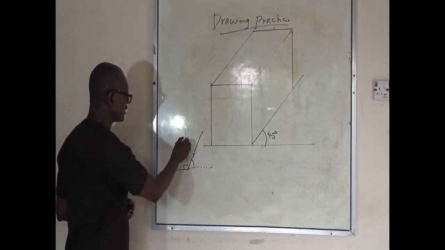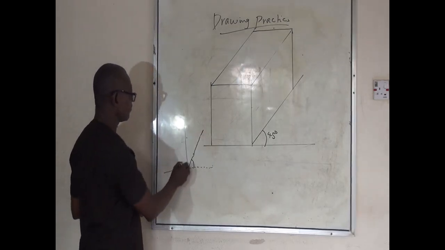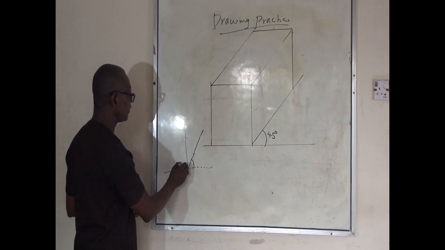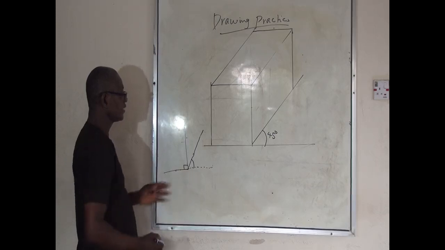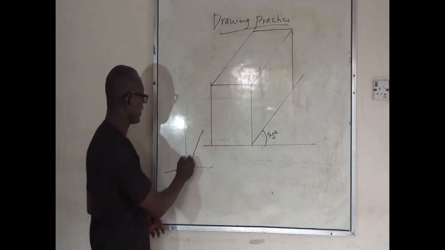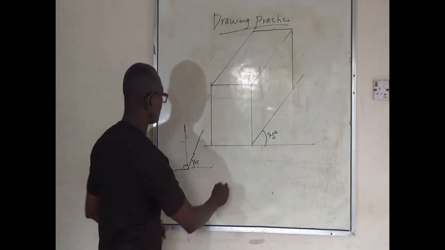The vertical and the horizontal line form 90 degrees, while the other forms 45 degrees here. You can put it on both sides.